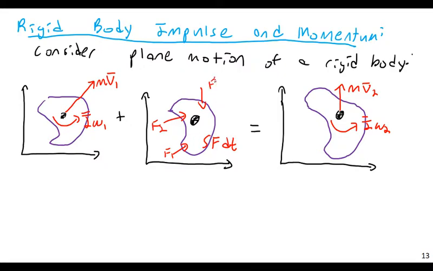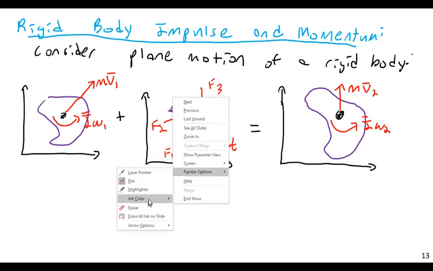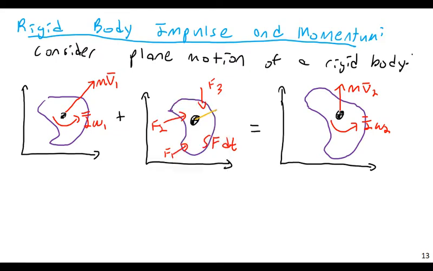And these forces, if this is like F1, F2, F3, I could also say that this system is equivalent to some force applied to the center, F equivalent, and then some moment.